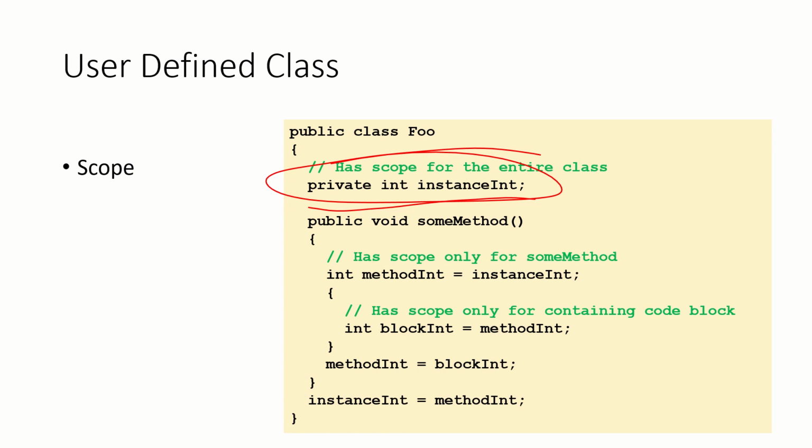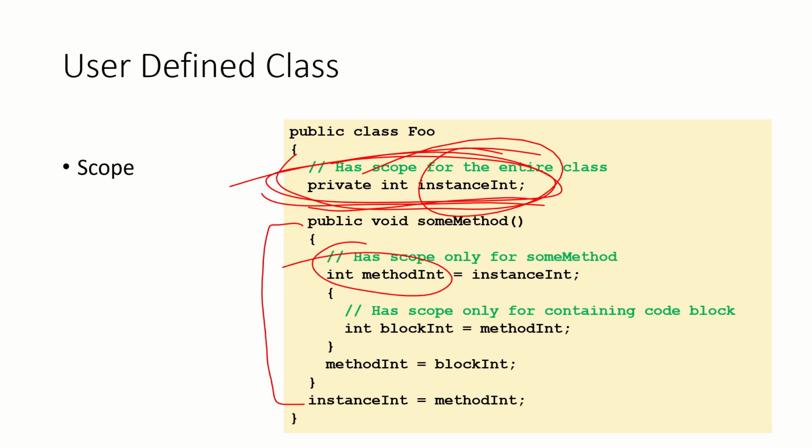For example, if you declare this one on the first line, all the methods in this class can access it. But this one, declared inside some method, can only be accessed within this method.